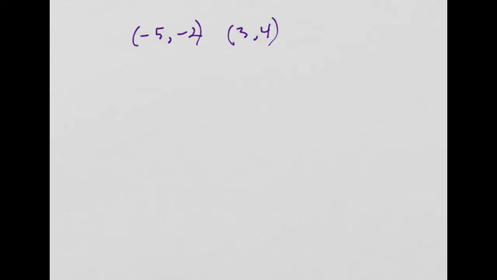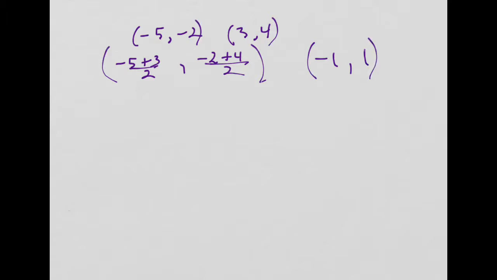Okay, no picture. You're not even picturing it in your mind. But I want to find the midpoint. So I'm going to take the average of the x's, that's going to be my x-coordinate, and the average of the y's, and that's going to be my y-coordinate. So that's -1, and then once again 1.